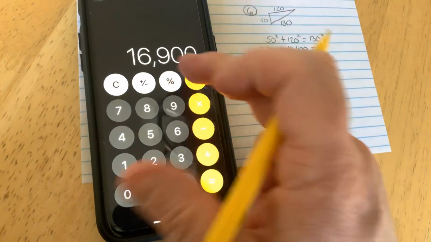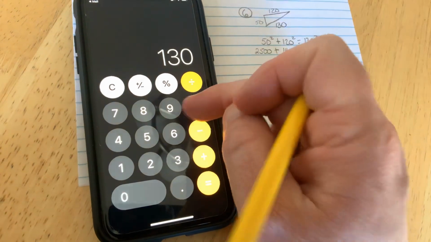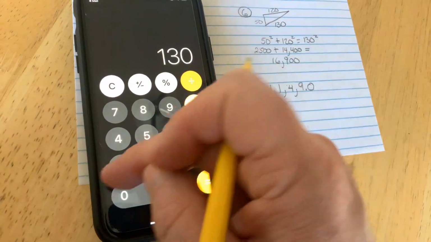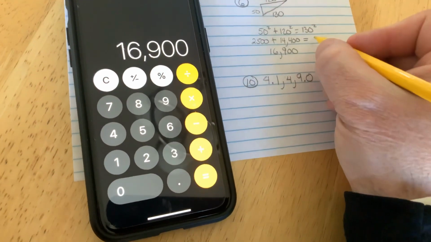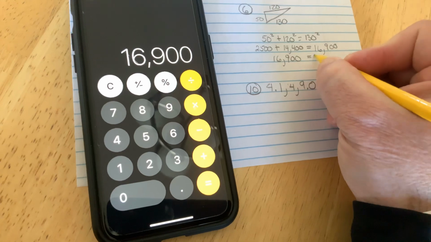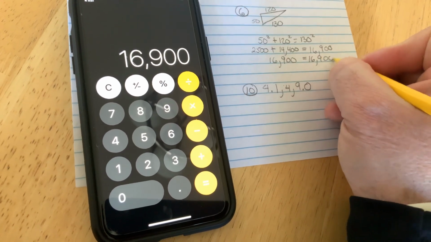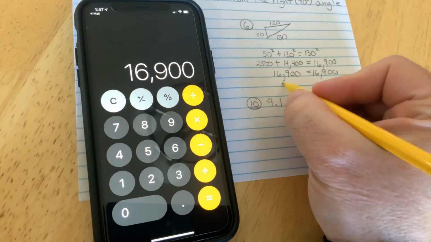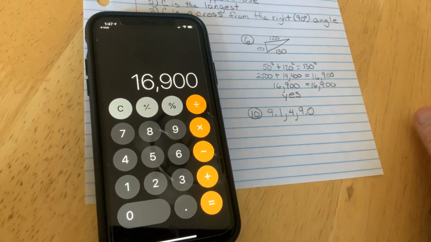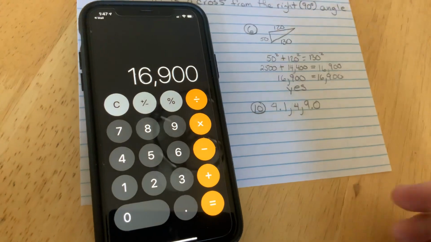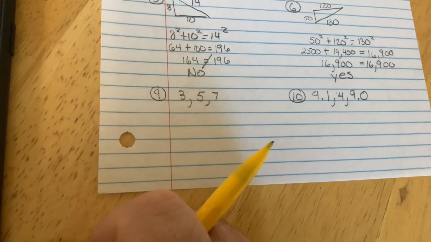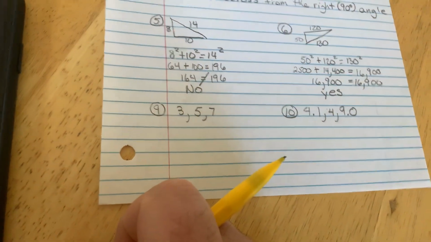And when I say 130 times 130, I get 16,900. So 16,900 is the same on both sides, therefore this would be a yes. Again, your work is your explanation. No work, no credit.